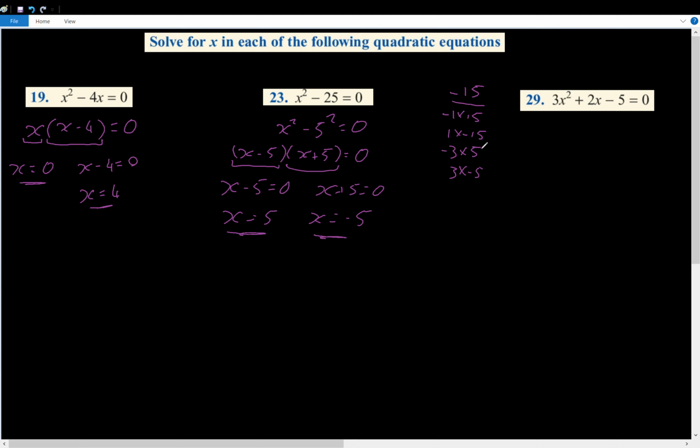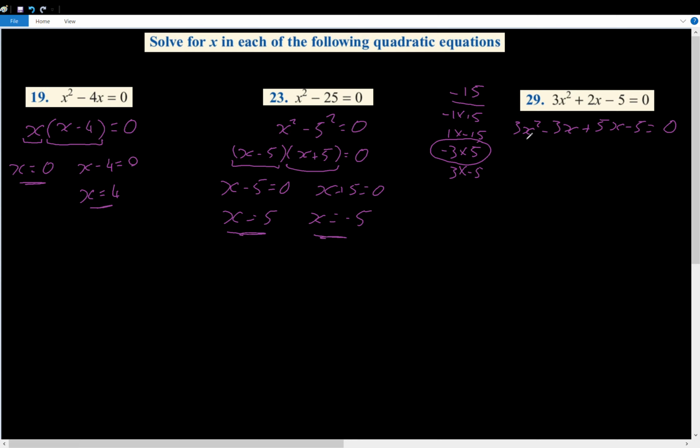So this is the pair that we're looking for just here. And now we're going to take those numbers and we're going to split up our 2x using them. So we're going to have 3x squared minus 3x plus 5x minus 5 is equal to 0.